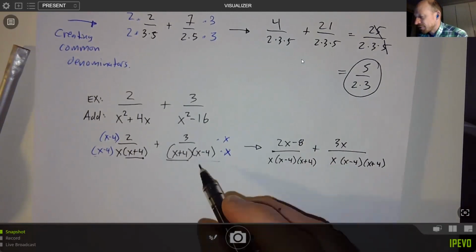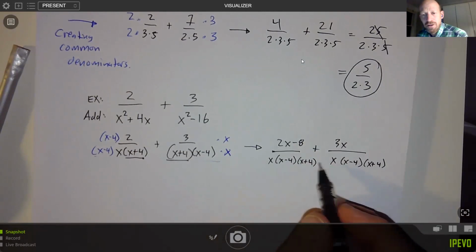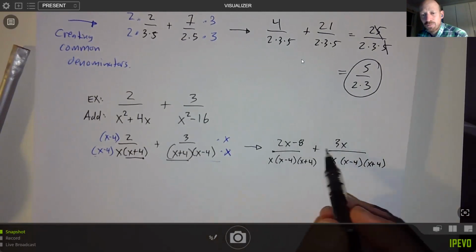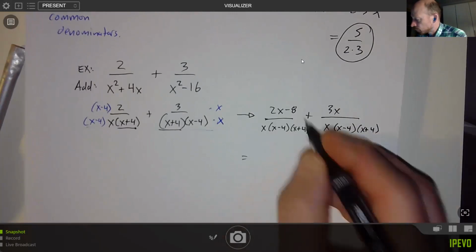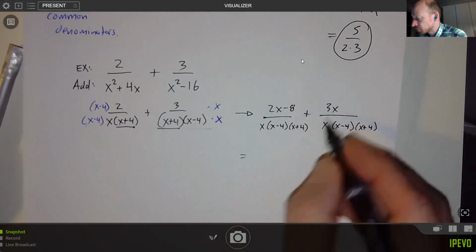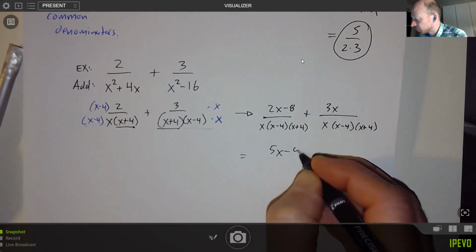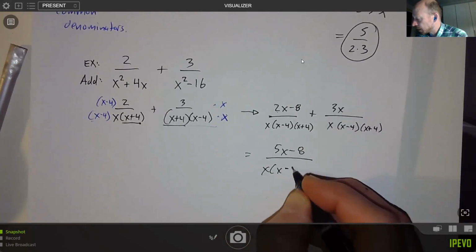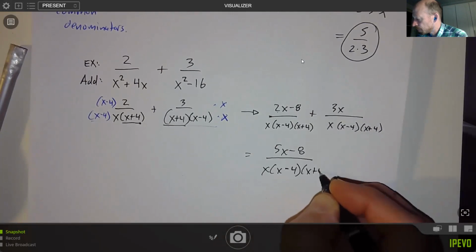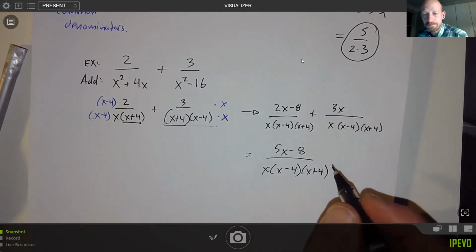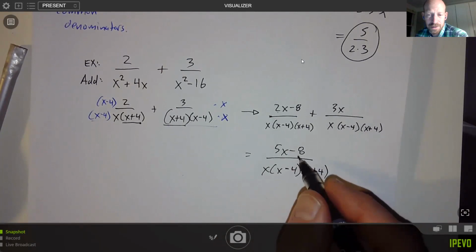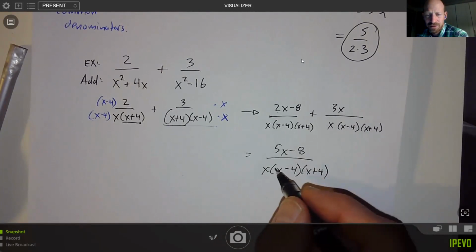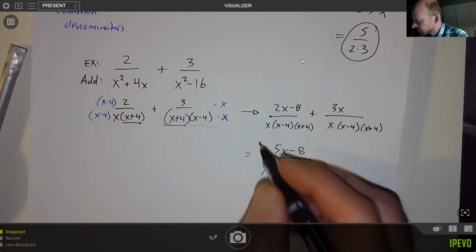The key thing is I've created a common denominator now, so I can add these numerators together. So 2x minus 8 plus 3x, that's 5x minus 8. And it just goes over this common denominator. I'd simplify if I could, but there's nothing to factor here, and this 5x minus 8 doesn't match with any of these.